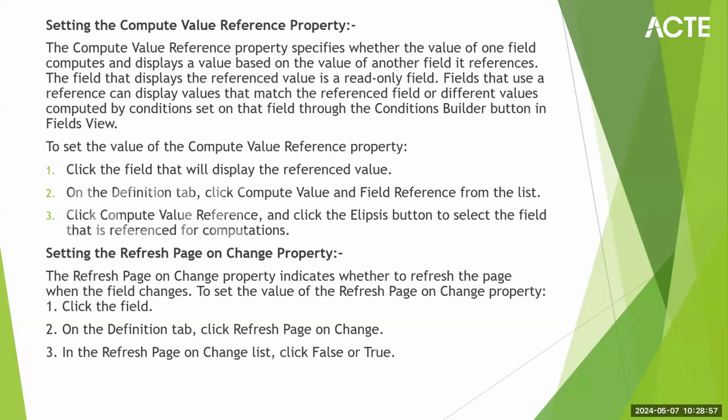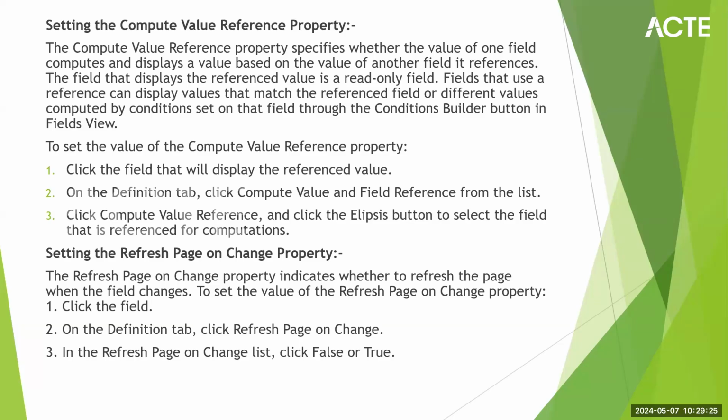For example, a policy change field is there, one field. This is dependent on the policy effective date and policy expiration date. So when the policy annual term is 1 year, then the policy change should display as 1.